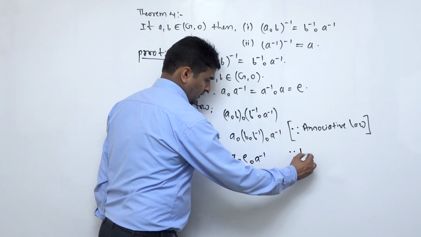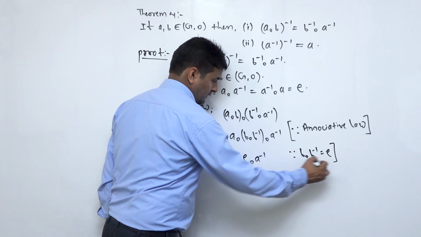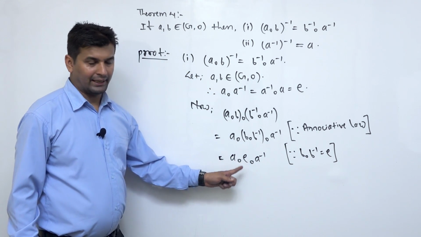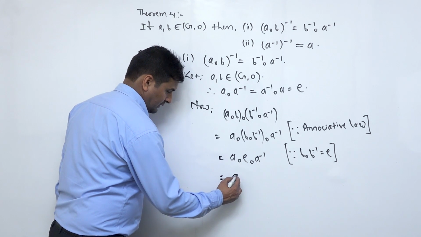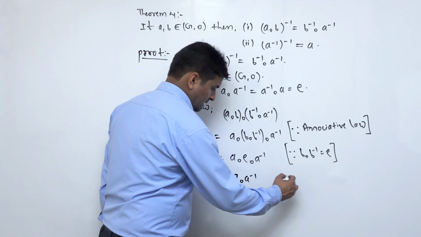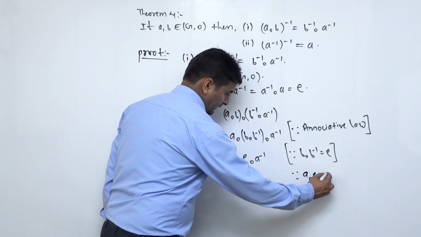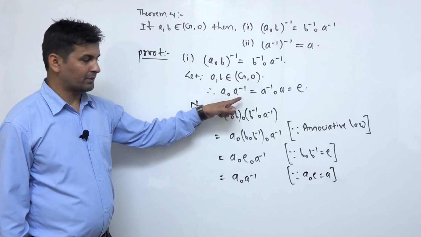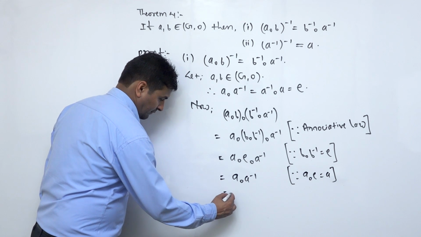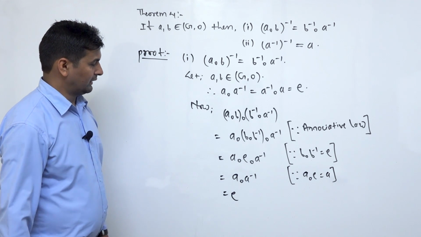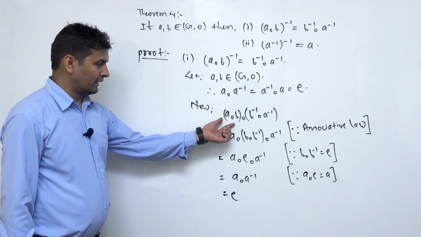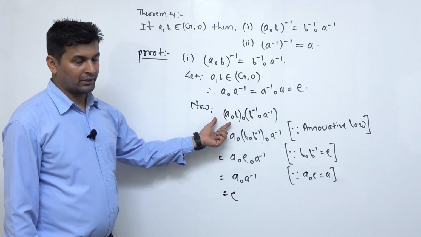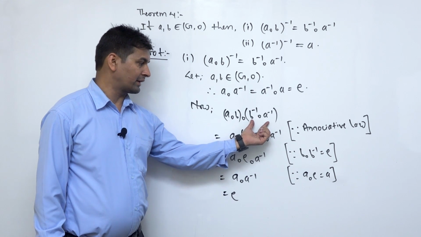Since b ∘ b inverse equals e, now a ∘ e is a, since a ∘ e equals a, and a ∘ a inverse equals e. Therefore (a ∘ b) ∘ (b inverse ∘ a inverse) is e, so the inverse of a ∘ b is b inverse ∘ a inverse.